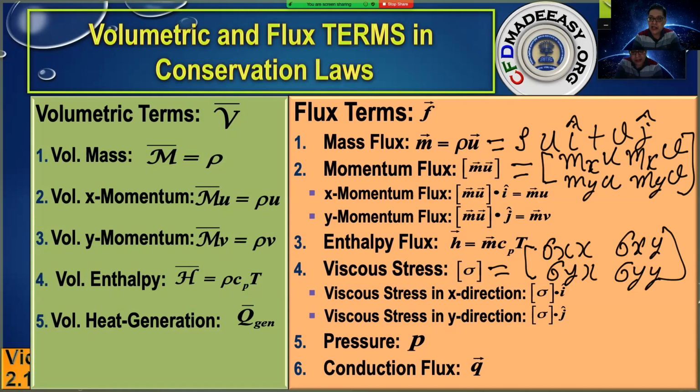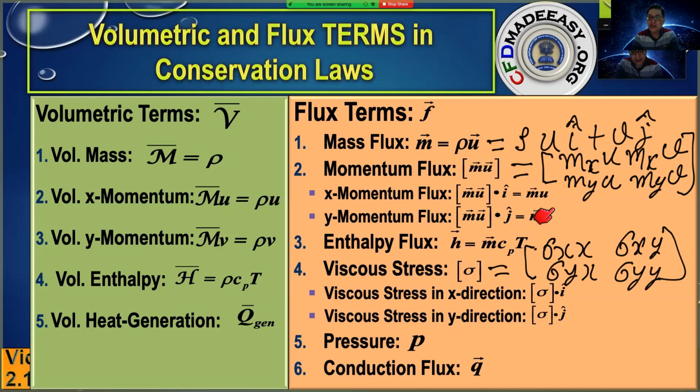But note that while applying the momentum conservation law, you always apply it component by component. So when you take a dot product of this m vector u vector as shown here, for x momentum you take a dot product with i, and for y momentum with j.